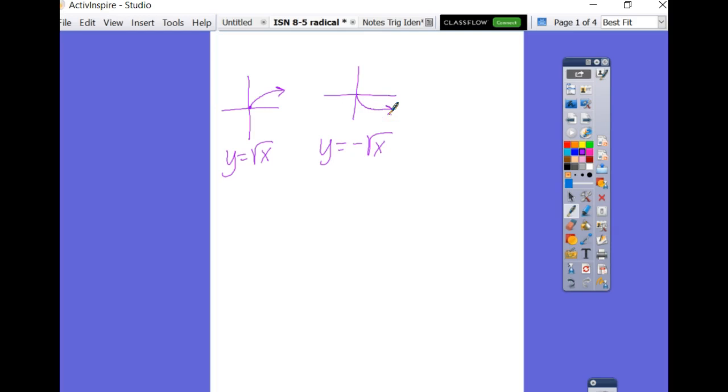The positive version went up to the right and the negative version went down to the right. Now, if I was going to shift it right and left, where does that number go? Does that go in the square root or outside? Back and forth is an x and it goes inside. Up and down goes outside the square root.